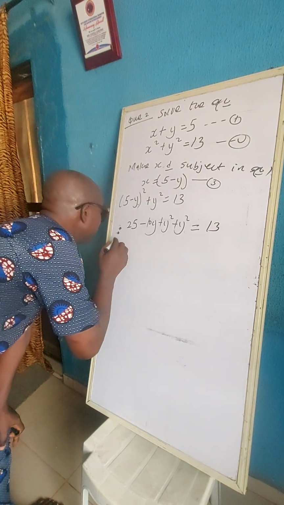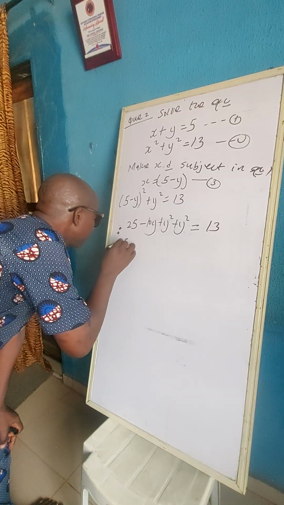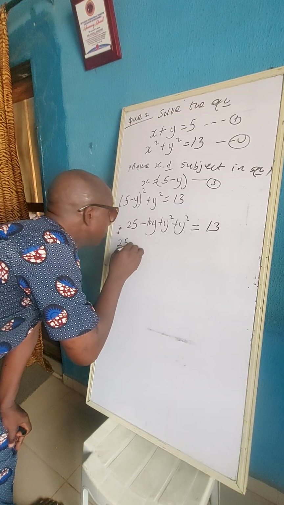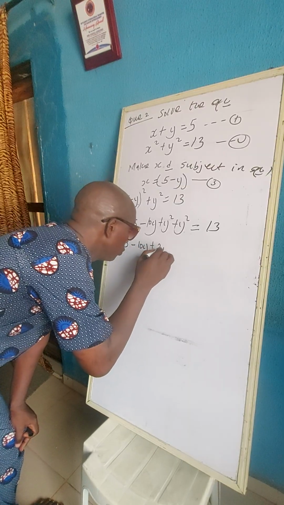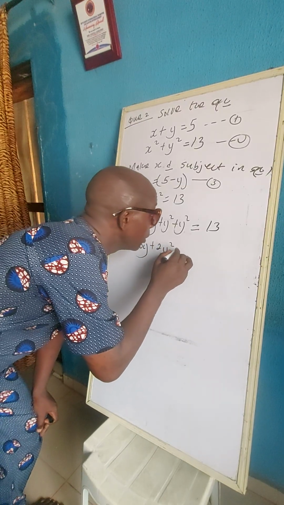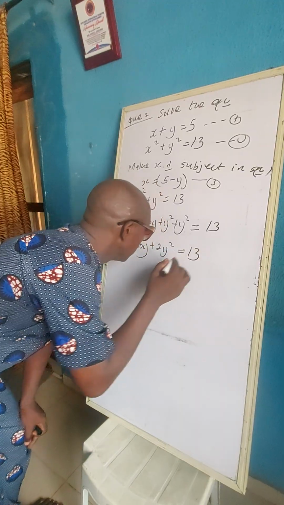Collect like terms. It becomes 25 minus 10y plus 2y squared equal to 13.